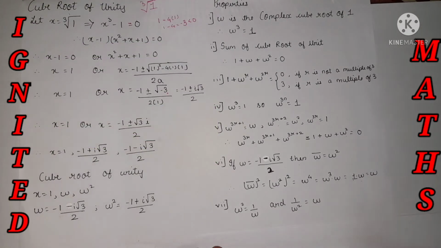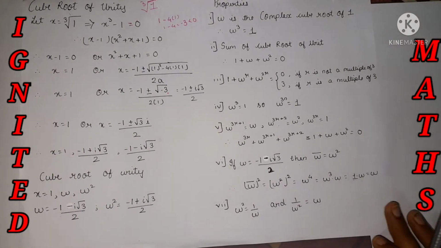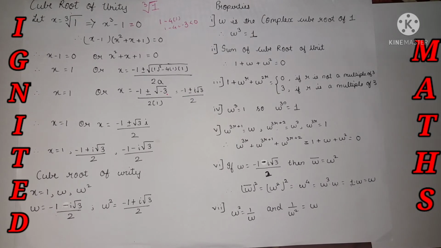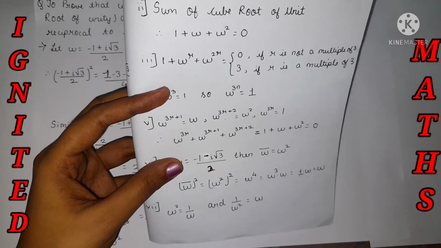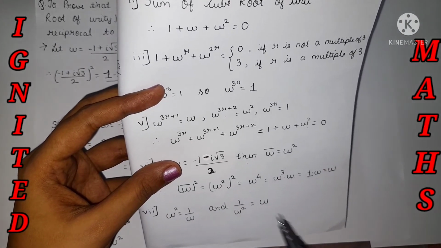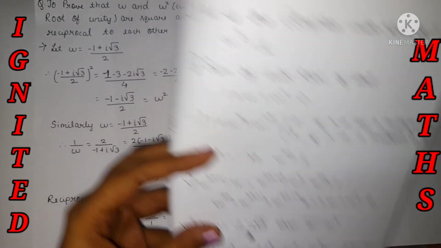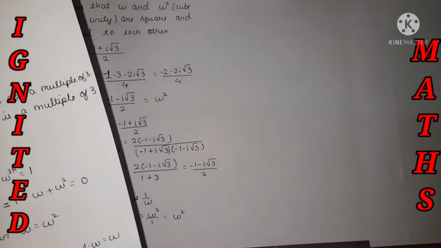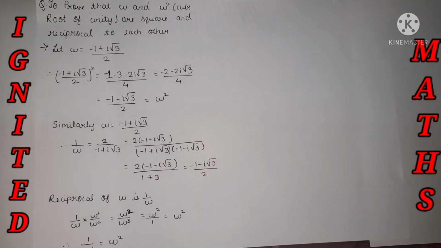Now the seventh one. Omega square is equal to 1 by omega, and 1 by omega square is equal to omega. Okay, this is one of the most important properties. I'll just show it in the proof way. We have seen omega square is equal to 1 by omega, and 1 by omega square is equal to omega. We are going to prove it over here. So let's get started with it.